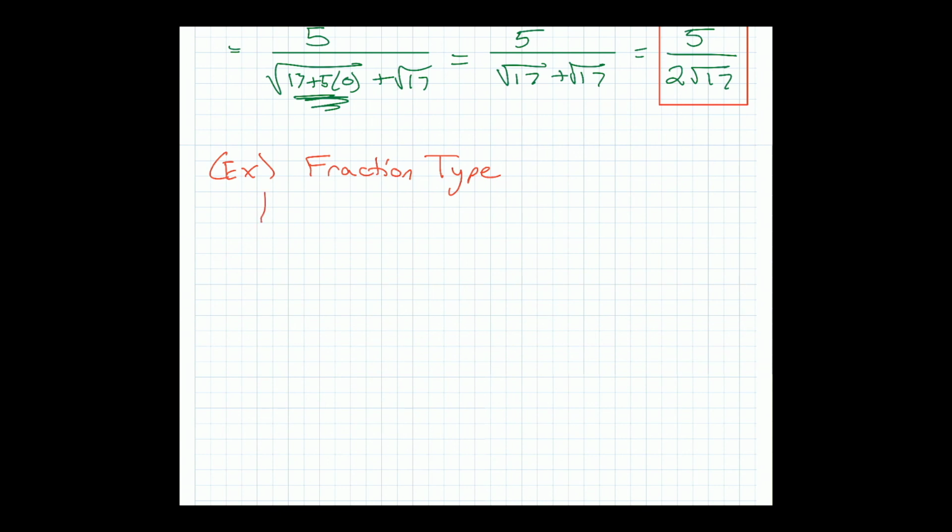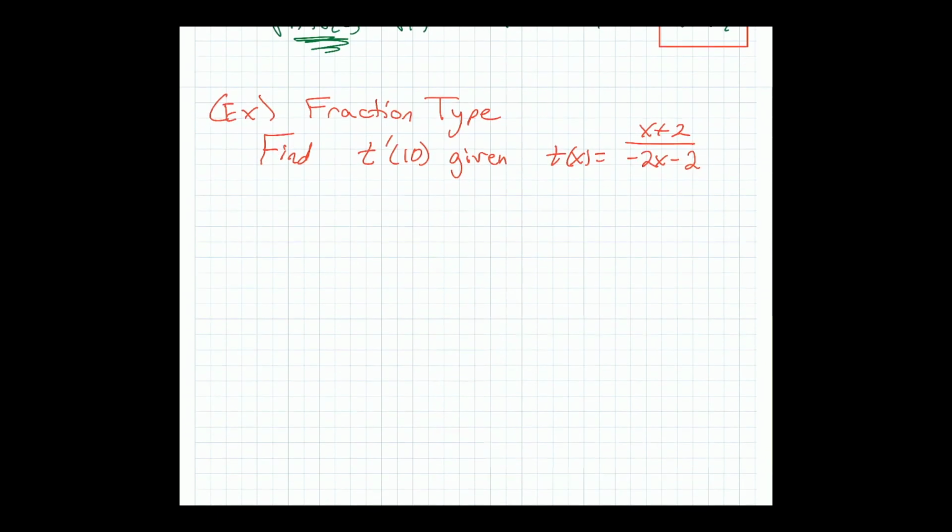So find T prime of 10 given T of x equals x plus 2 over negative 2x minus 2. Those minus signs are a little bit annoying, but we'll do it. This is straight off the homework. So let's try it.